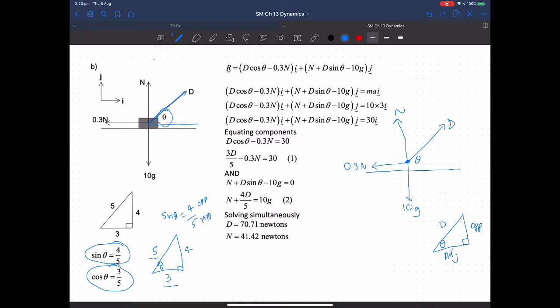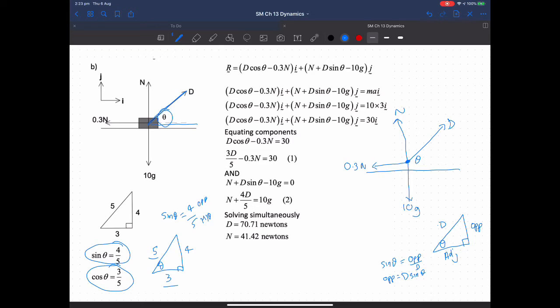If I was going to work out the sine of theta, what I would have would be the opposite side over D, which means that the opposite side is equal to D sine theta.